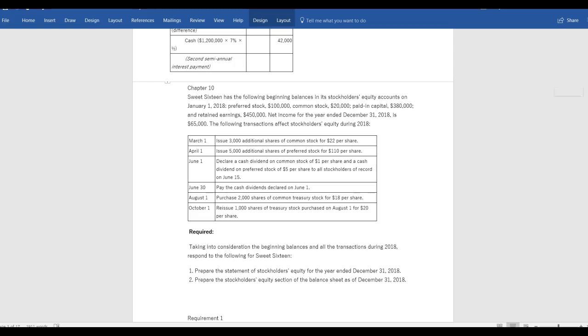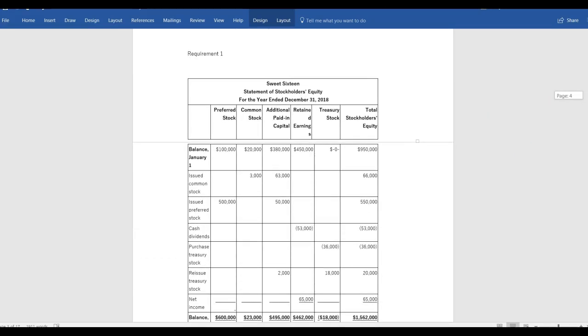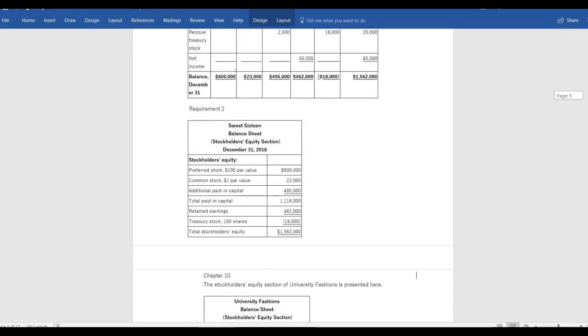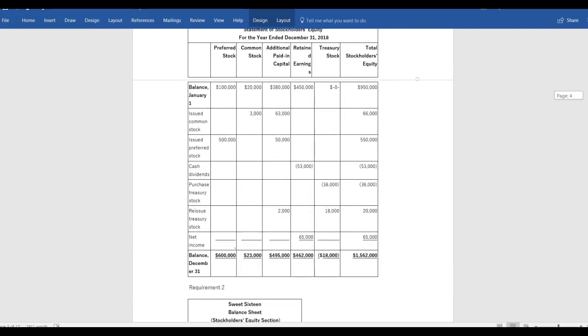So we would need to know how do we go about figuring out the cash dividends that were paid on June 1st. So the $53,000 of cash dividends paid on June 1st are going to come out of our retained earnings section.